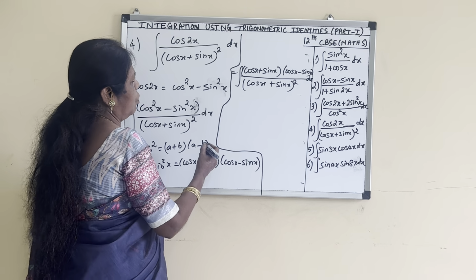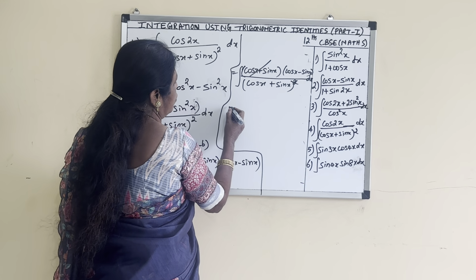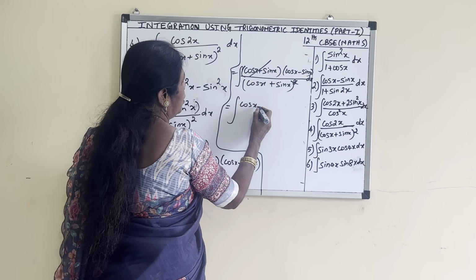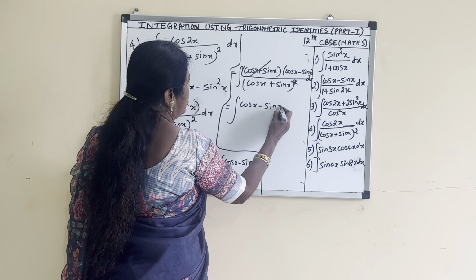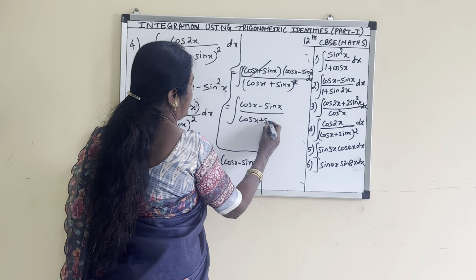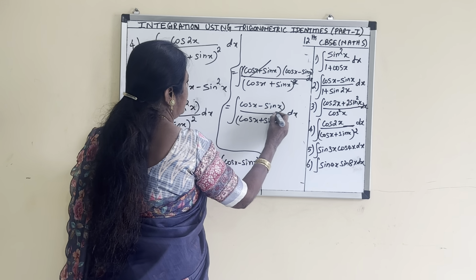Right. Now I can cancel one cos x plus sin x with one cos x plus sin x. What is left out here? That is cos x minus sin x divided by cos x plus sin x into dx.